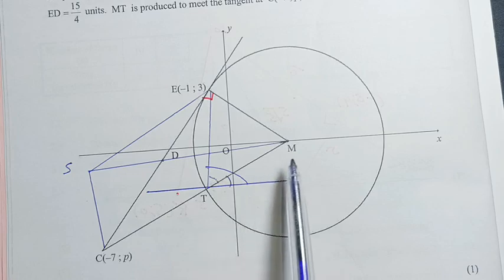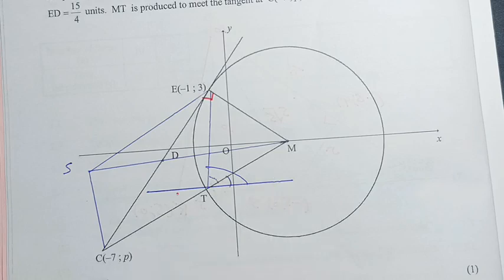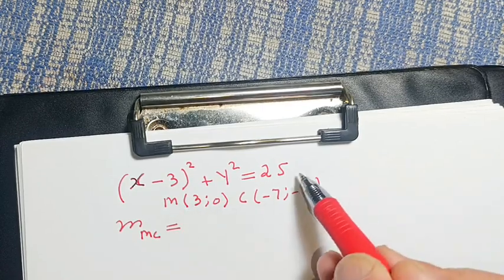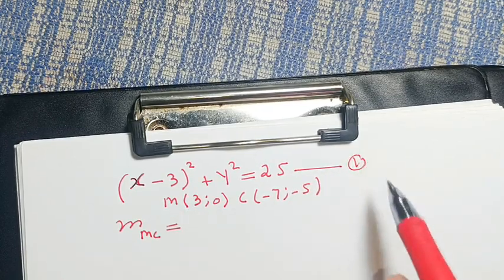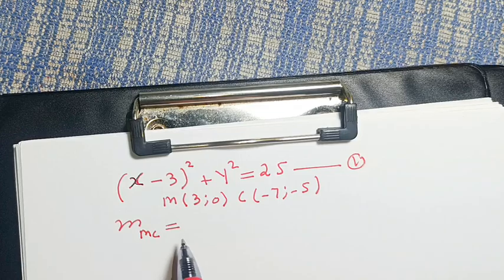So first we must find the gradient of MC, and then we'll find the equation of MC, y is equal to mx plus c. So we have the equation of the circle. This is going to be my number one. And we have the coordinates of M and C. We need to find the gradient first in order to find the equation of the MC line.